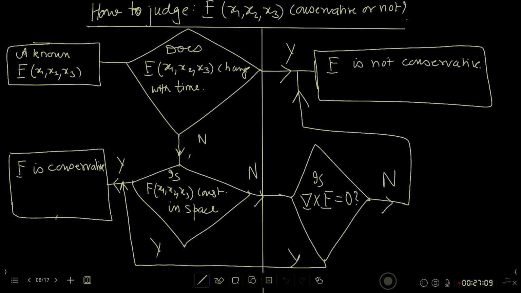How to judge whether a given force field is conservative or not? You start with a given force field. First check whether it changes with time or not. If it does change with time, today and tomorrow it will change, then that force is not conservative. Right away the conclusion comes.